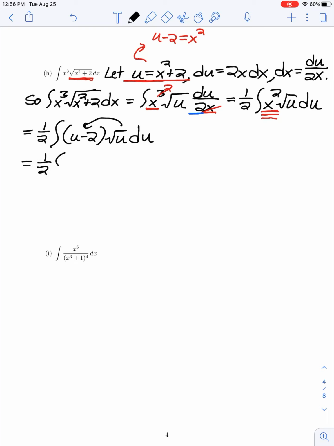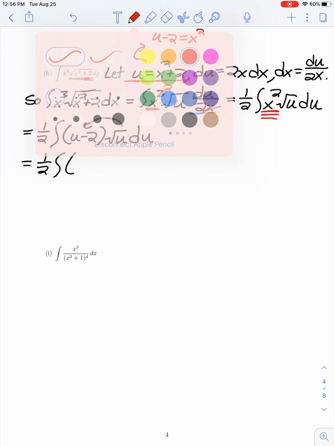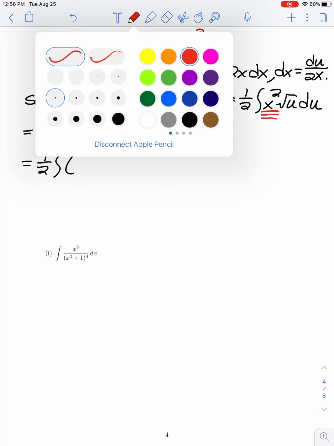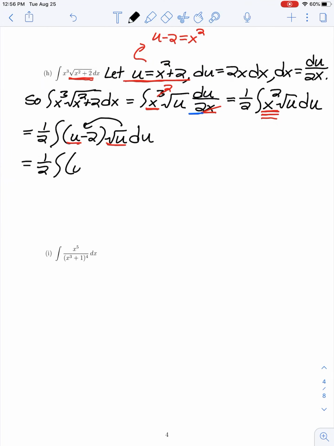And we have 1/2 of the integral of, for our first term, the product of u and the square root of u. That is u to the first times u to the 1/2, which would give us u to the 3/2 power. And then minus 2 times the square root of u, or if you prefer, u to the 1/2 power, du.